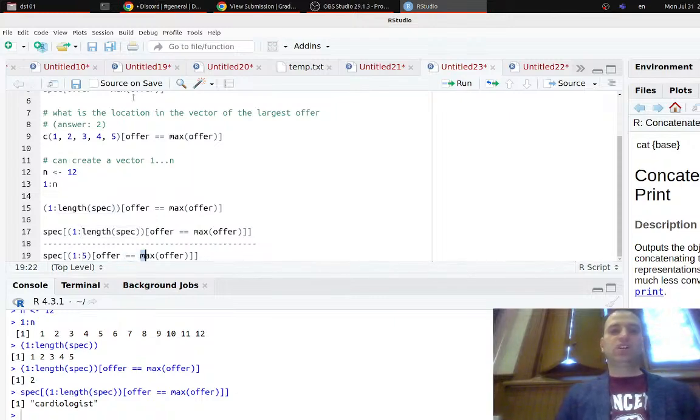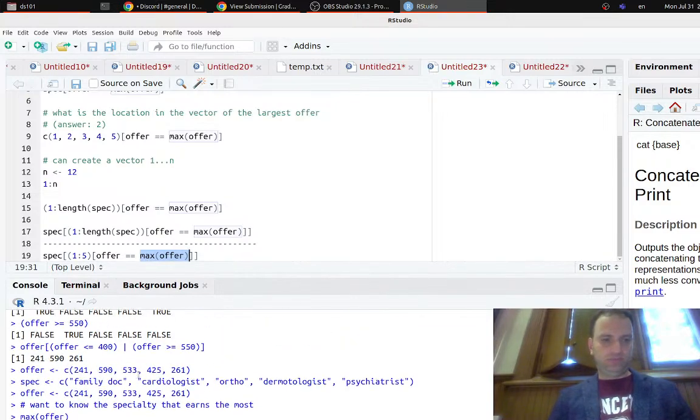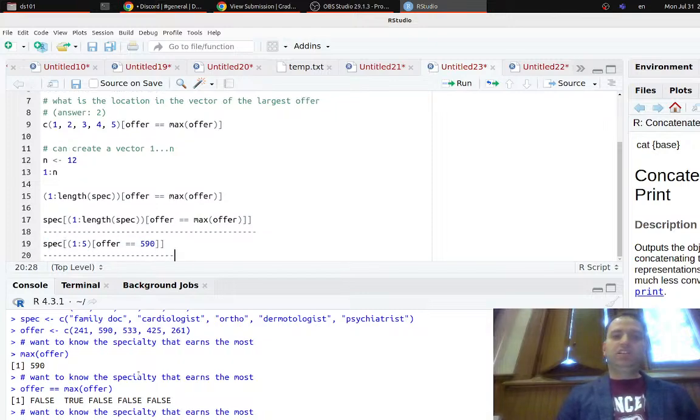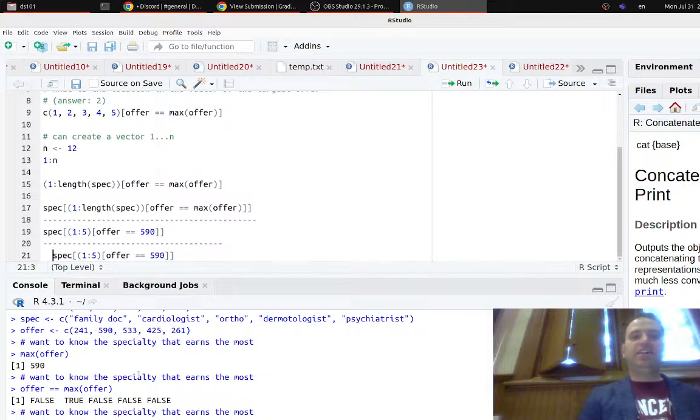Max of offer, I know, is 590. So next step, again, substitute as much as I can. Offer equals 590 would be false and then true and then 3 falses.